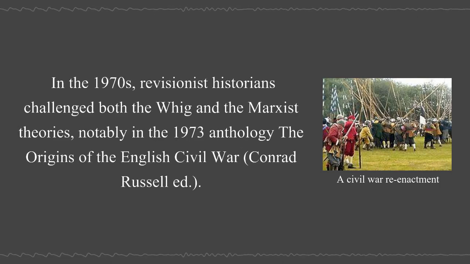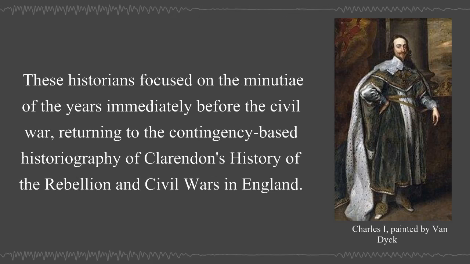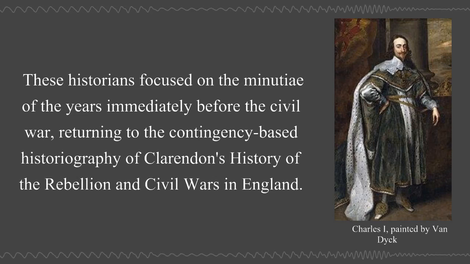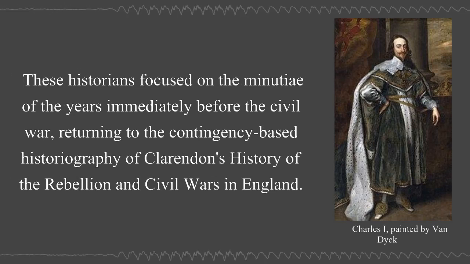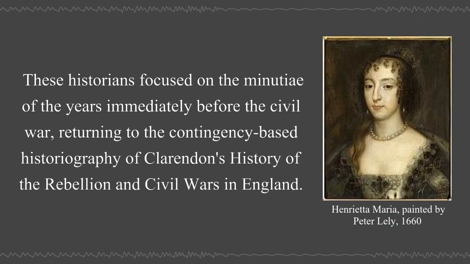In the 1970s, revisionist historians challenged both the Whig and the Marxist theories, notably in the 1973 anthology, The Origins of the English Civil War, edited by Conrad Russell. These historians focused on the minutiae of the years immediately before the Civil War, returning to the contingency-based historiography of Clarendon's History of the Rebellion and Civil Wars in England.